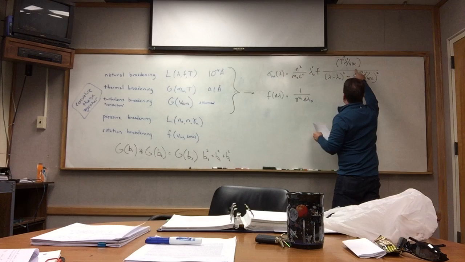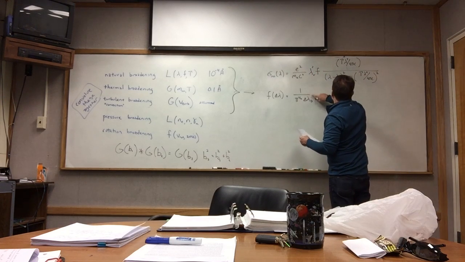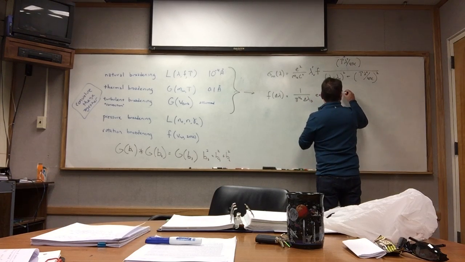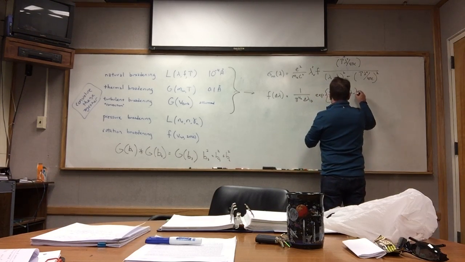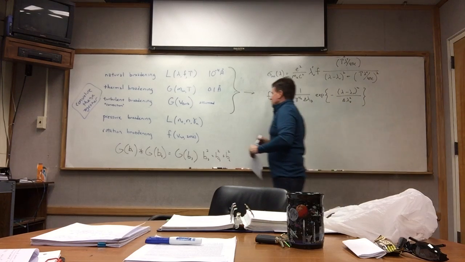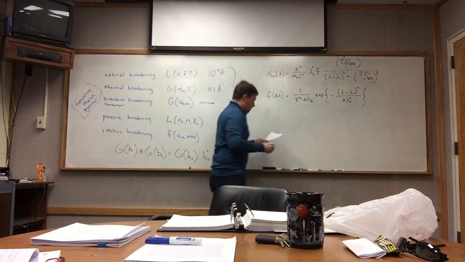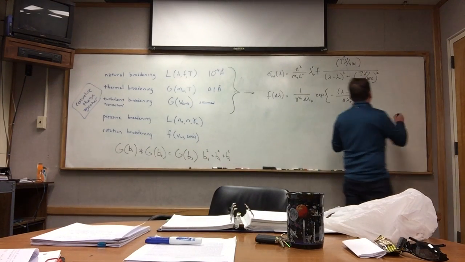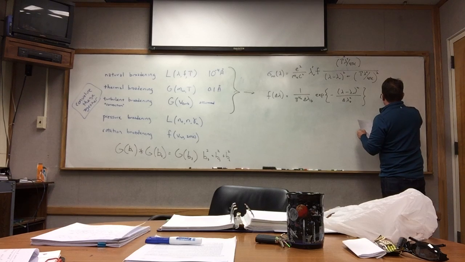Both of these are normalized so that the area under them is unity. Okay. Does anybody remember what delta lambda D is? B lambda over c.